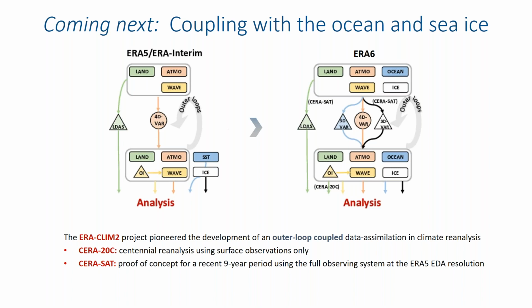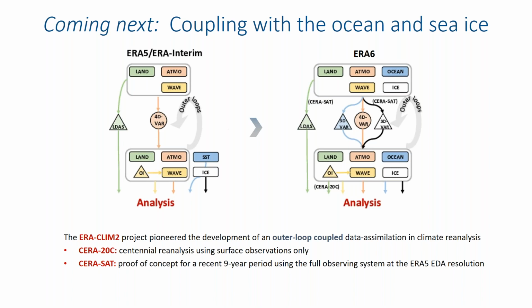And at ECMWF, we have some experience with this, because in the ERA-CLIM projects, we developed a way to do that within the incremental 4D-Var system that is in the IFS by essentially coupling the model in the outer loop and keeping the linearized analysis solvers separate, but only in the inner loops.